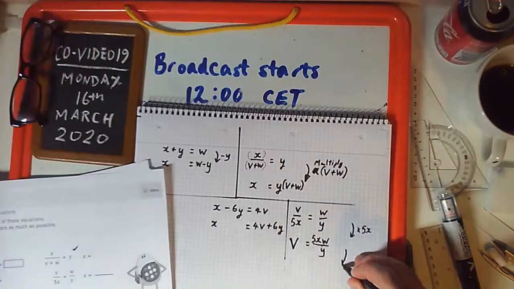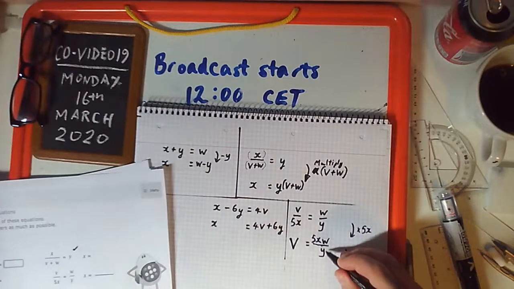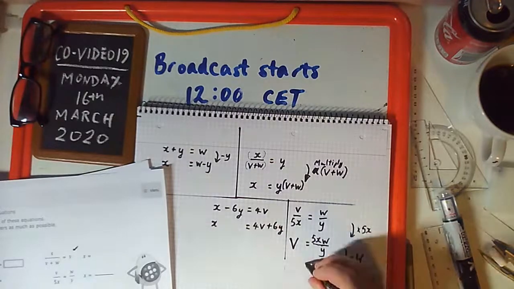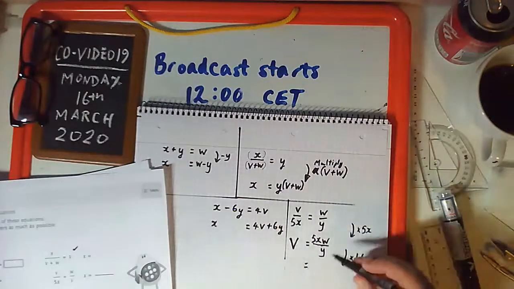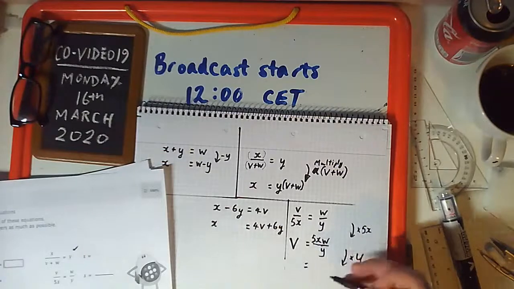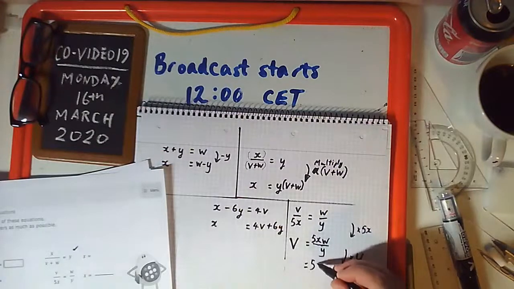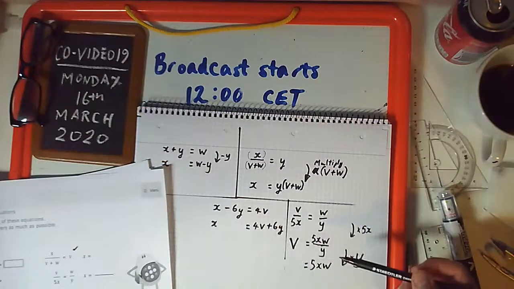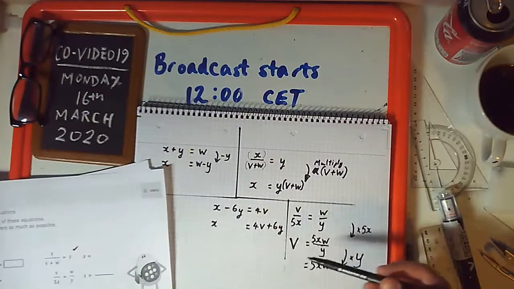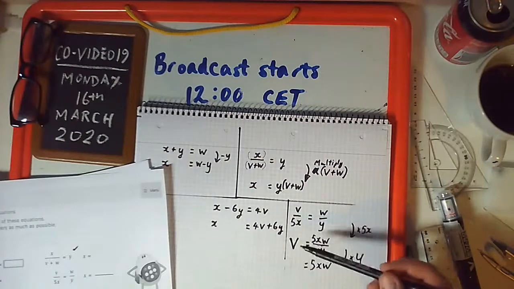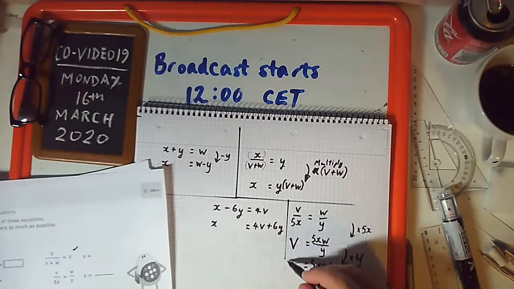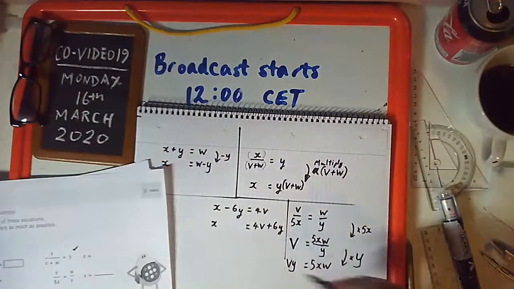So I'd like to get rid of that, and I'm going to cancel out the dividing by y by multiplying by y. If I multiply by y, it cancels out the dividing by y, and I just get 5xw. But I've got to do the same thing on the other side. So v that's already there multiplied by y gives you vy.